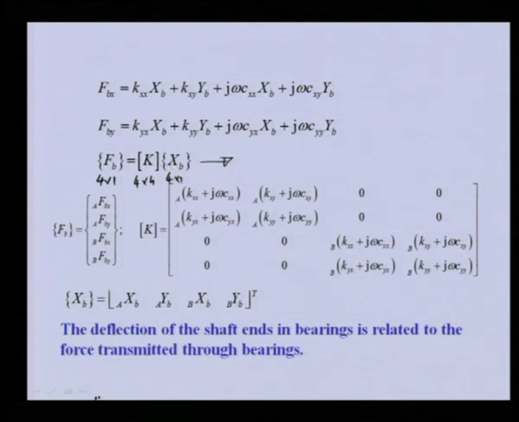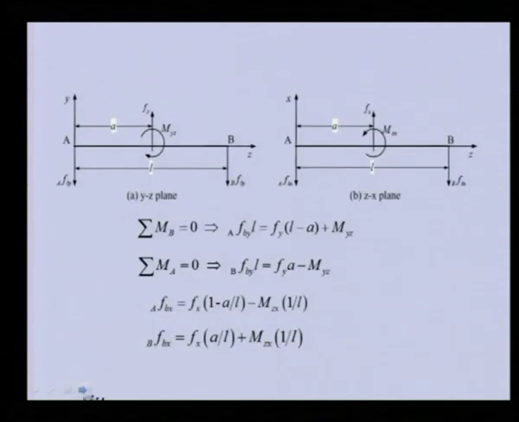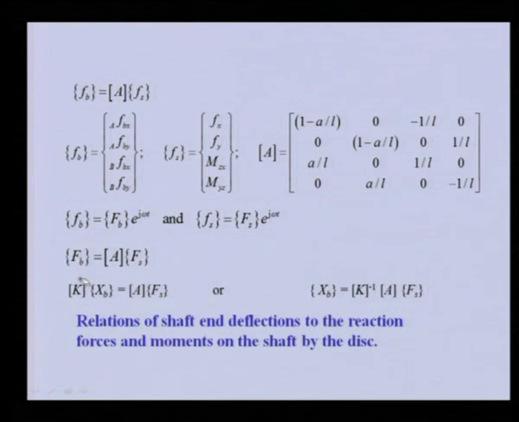We can use this relation here: in place of f b, we can write K into x b, and with this we can get the bearing displacement by inverting the K matrix and multiplying by A, and this is the reactions onto the shaft from the disc. So, now we could relate the bearing displacement with the shaft reaction force.